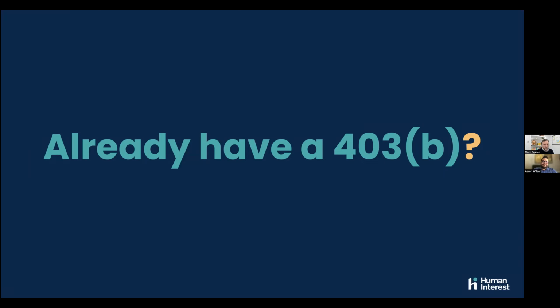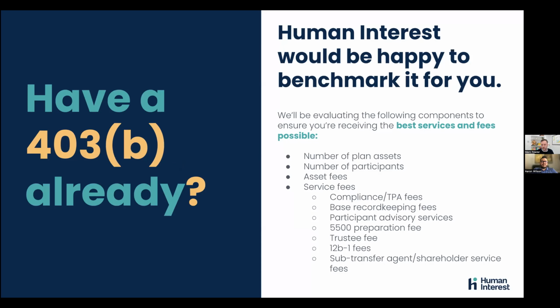Plus, you also want to spend some time going through and thinking, what do I know about my plan versus other plans in the market? And that comparison technique is what we call benchmarking, right?